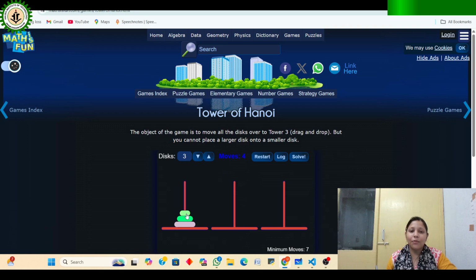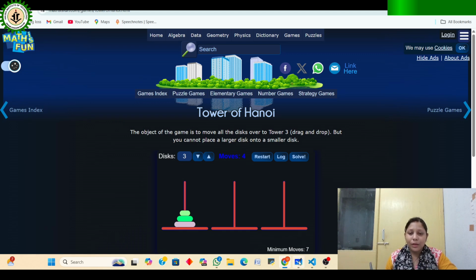Now, what will be our objective? Our objective will be to move this stack of disks from source to destination. Here we can see three disks. It could be four, one, two, five, or more, any number more than one.